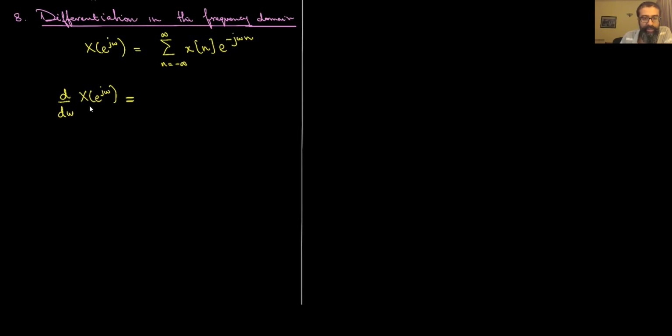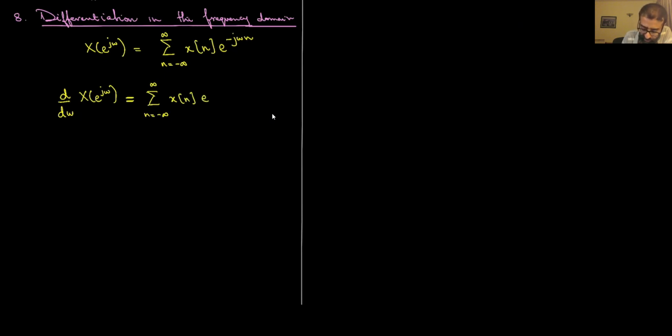So the derivative of this with respect to omega is therefore equal to the summation, because the derivative is linear, it can go inside the summation, from minus infinity to infinity. X of n is a constant as far as omega is concerned. And then all I do is differentiate e raised to the minus j omega n with respect to omega.